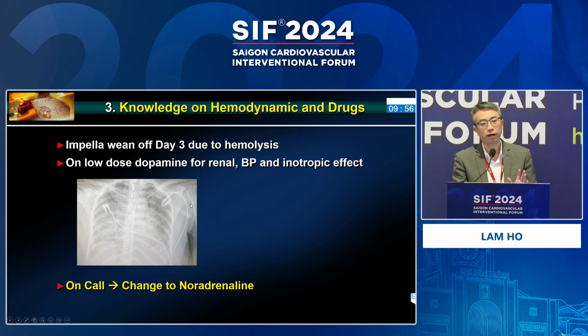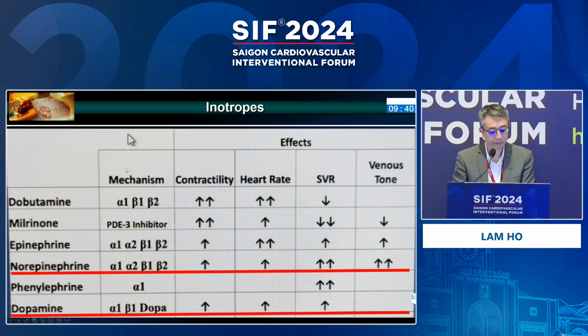But one night, the on-call doctor, because nowadays many studies said dopamine is not good, changed to noradrenaline. So it was changed to low-dose noradrenaline. But the patient deteriorated. Why? You look at the difference between noradrenaline and dopamine.